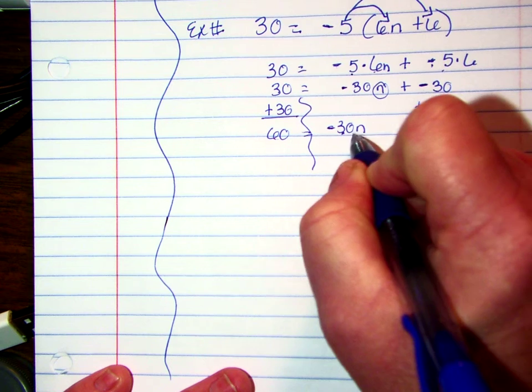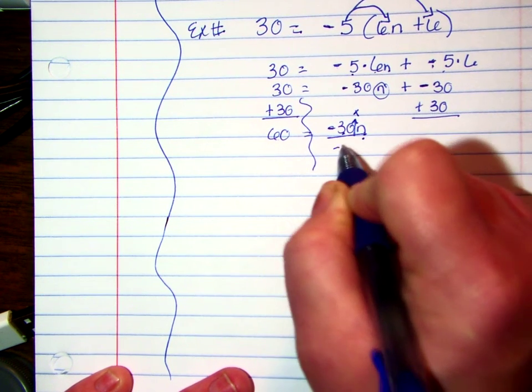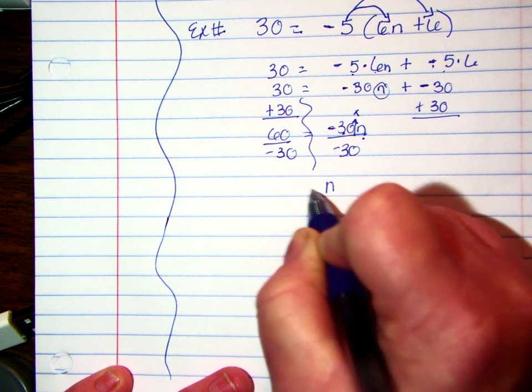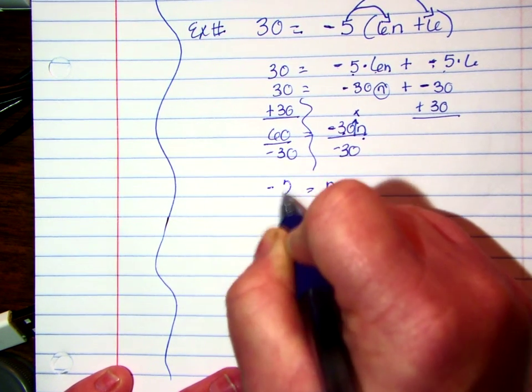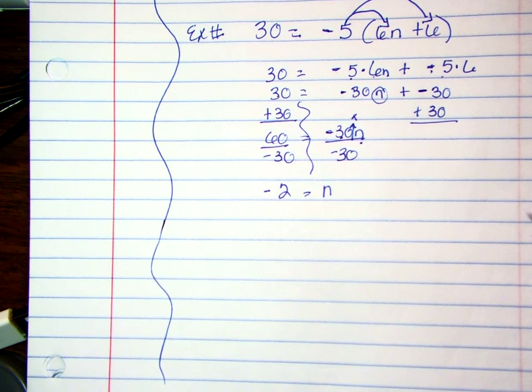Excellent. You need to remember that this means multiplication when there's nothing there. So as Brian says, you divide. And when you do that, n's going to equal negative 2. Excellent. Excellent.